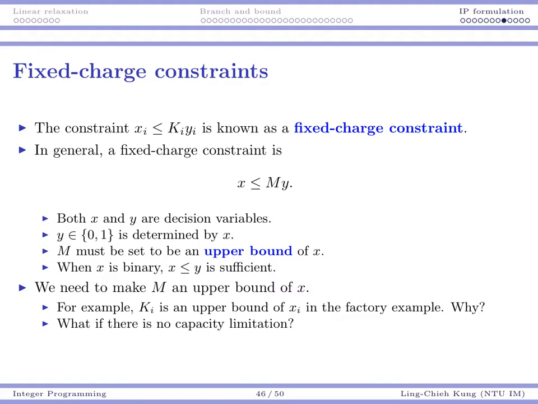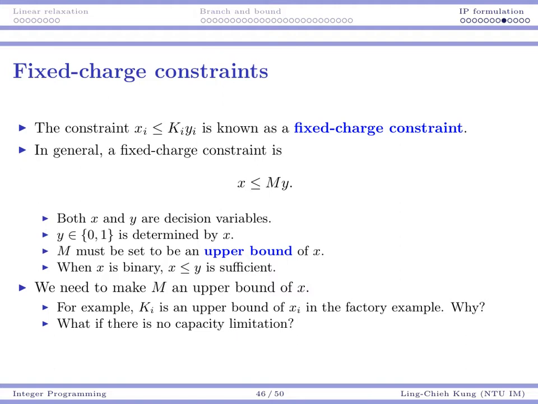One thing to keep in mind is your M must be set to an upper bound of X, just like here. Ki is an upper bound of Xi, because your production quantity cannot be greater than your capacity. This must be done. Your M must be large enough.